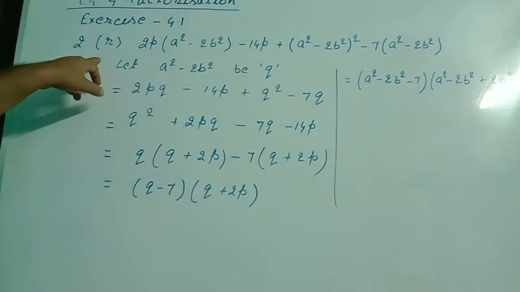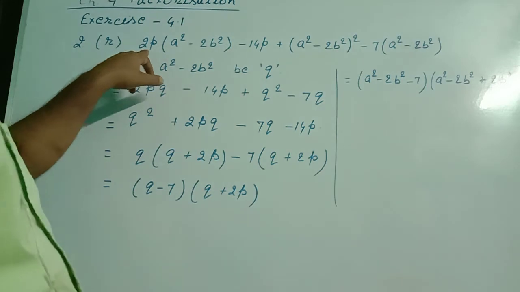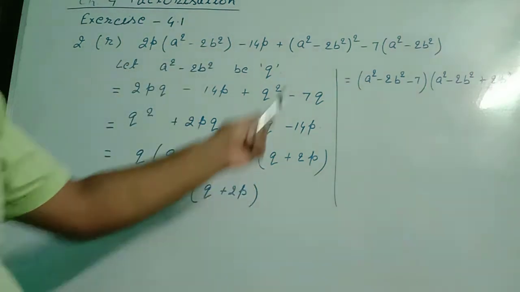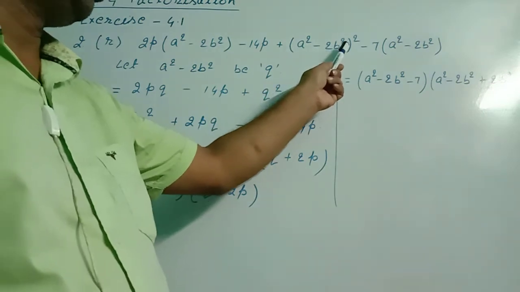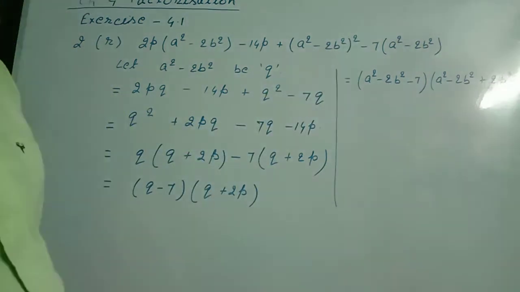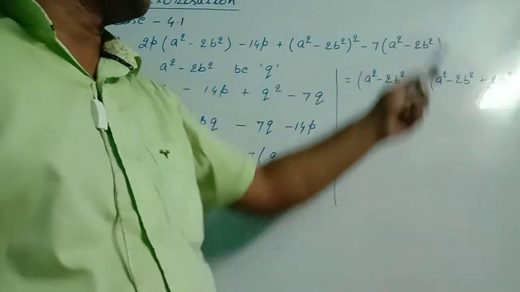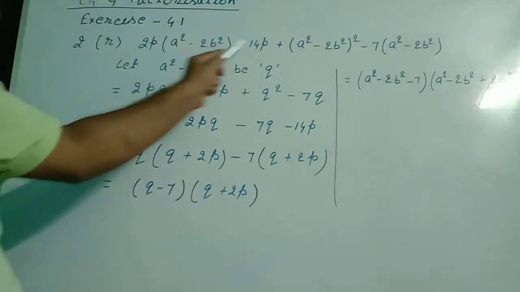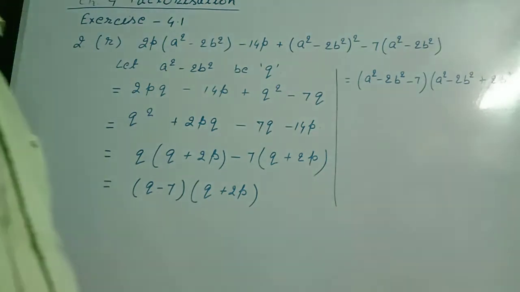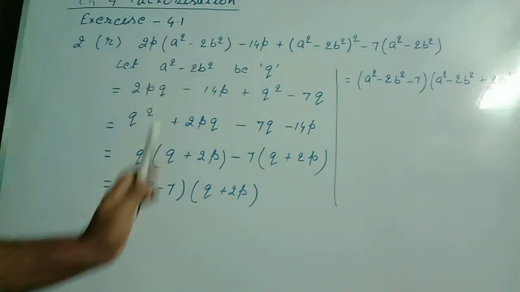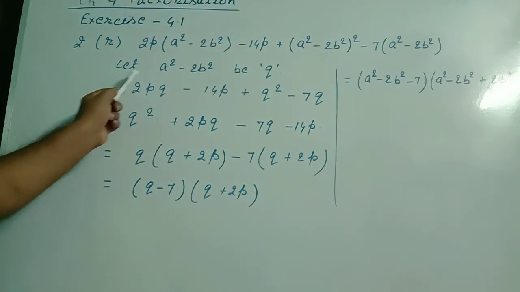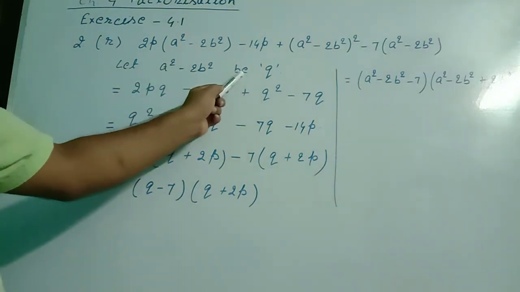Last question of this exercise, the expression is 2p into a square minus 2b square minus 14p plus a square minus 2b square whole square minus 7 into a square minus 2b square. So in these three terms, a square minus 2b square is common. So for that I wrote, let a square minus 2b square be q.